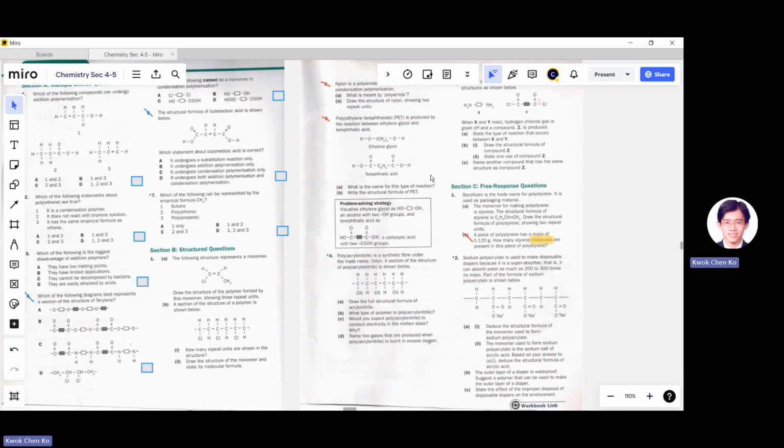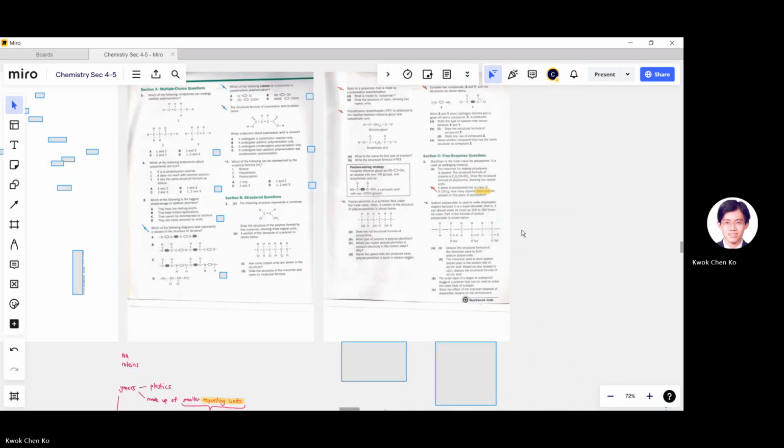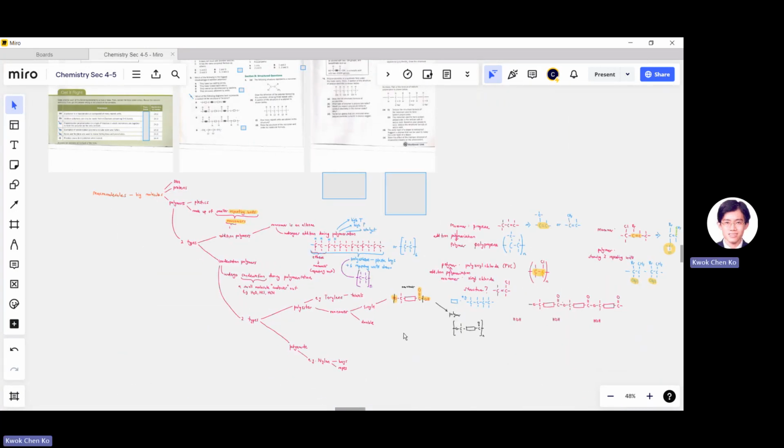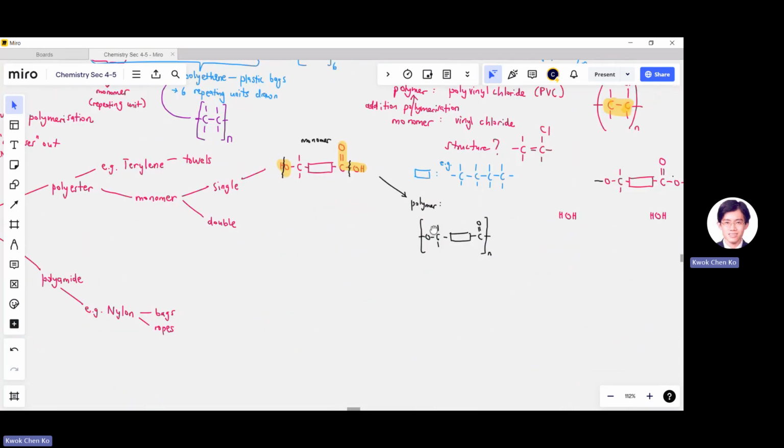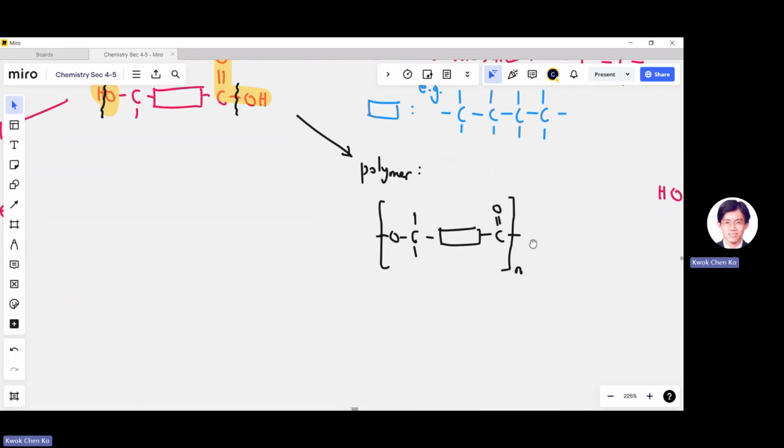Something for you. Just to let you know how students should draw a wrong version of this one. I show the wrong version, but they will draw almost the same.